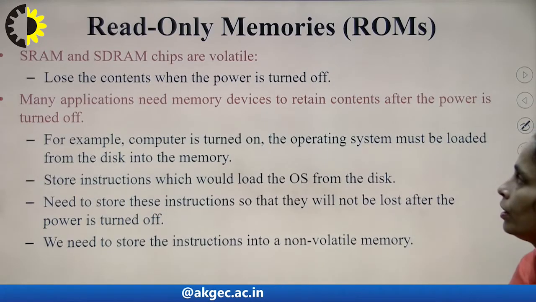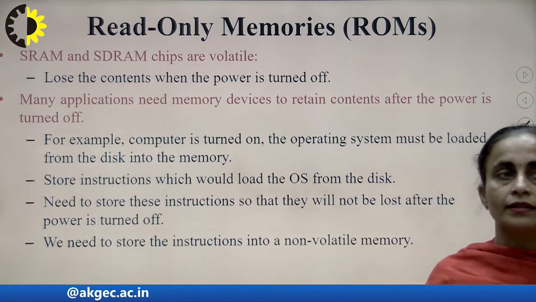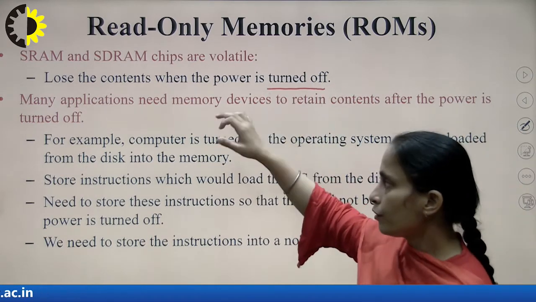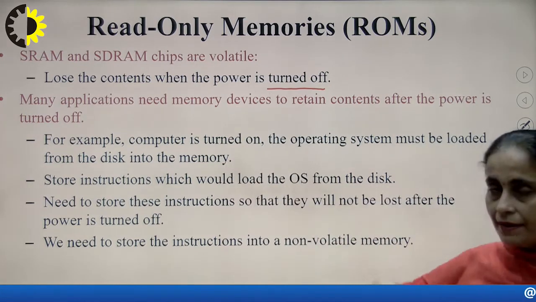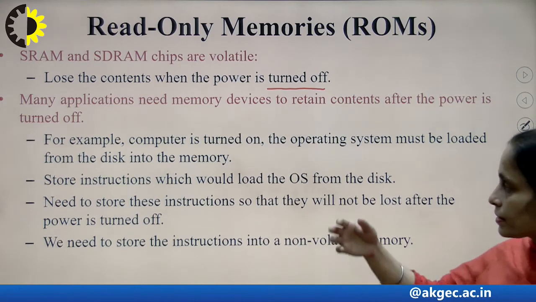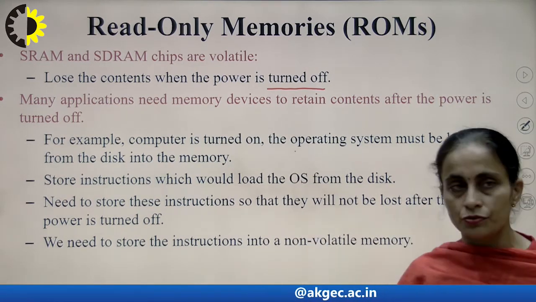Static RAM and dynamic RAM are both volatile, we lose the contents when my power is turned off. Sometimes there are many applications where, suppose my system is turned on, the operating system must be loaded from the disk into the memory.